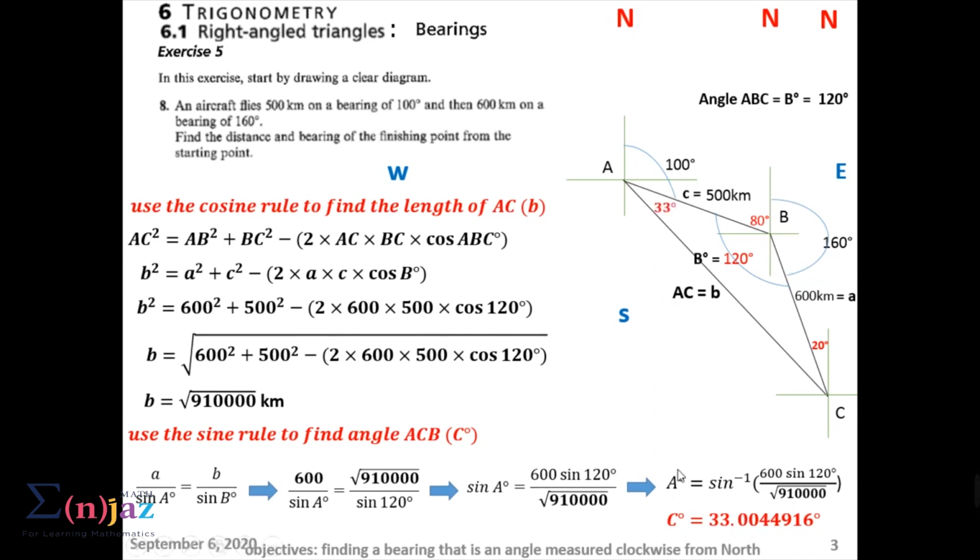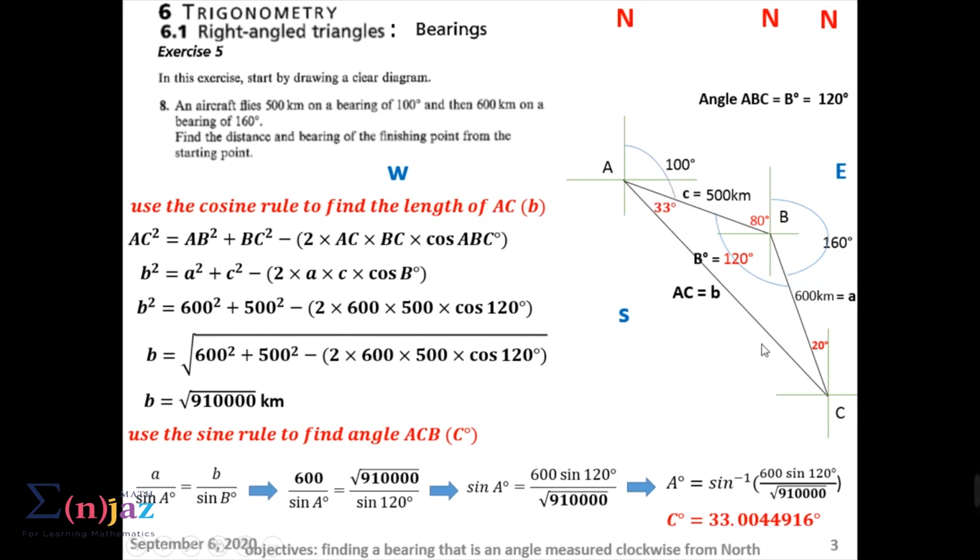Now, the bearing. We found the distance of AC, and that's what's requested in the first part. And then in the second part, they're asking for the bearing of the finishing point, which is C, from the starting point, which is A. So you're going to start from the north and you keep going until you hit the line that connects the 2 points together, A and C. So this is 100 plus 33.